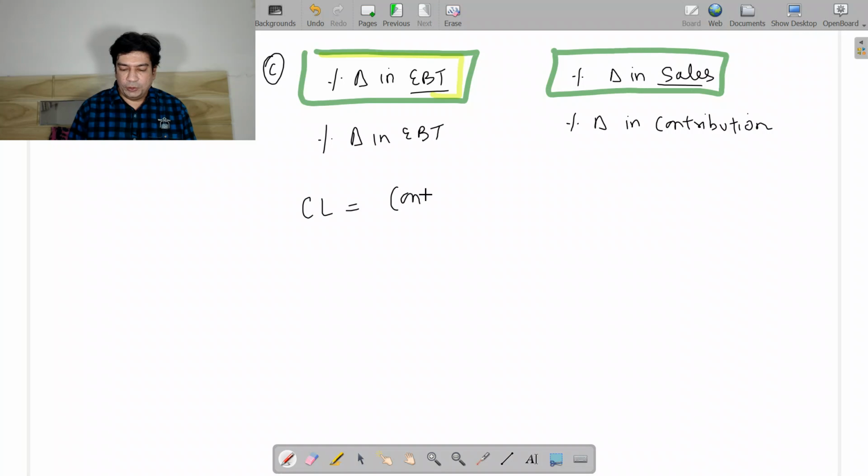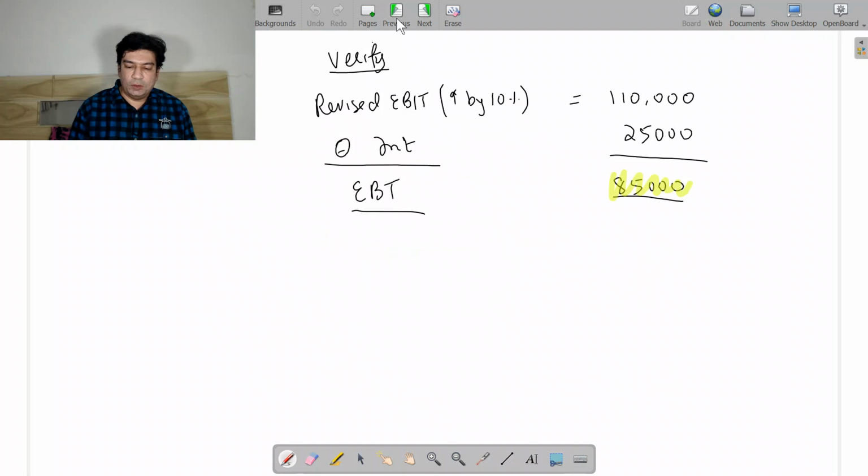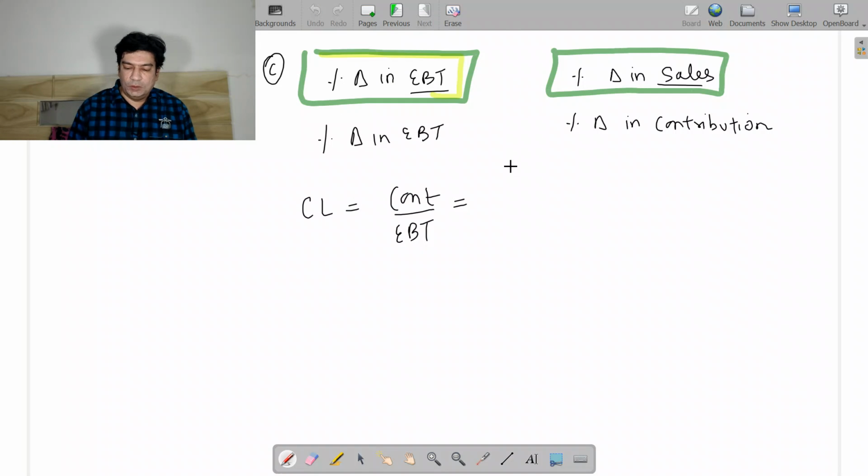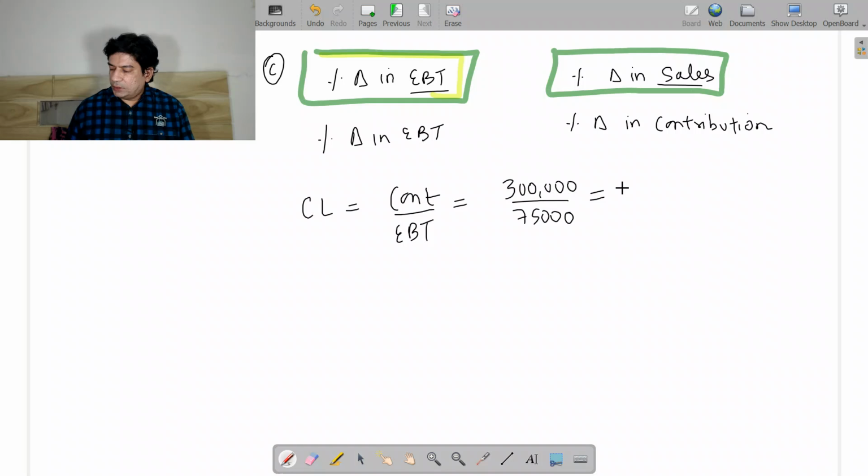So what is the contribution? 3 lakh and EBT is 75,000. So 3 lakh divided by 75,000. So I am going to get my combined leverage to be 4.